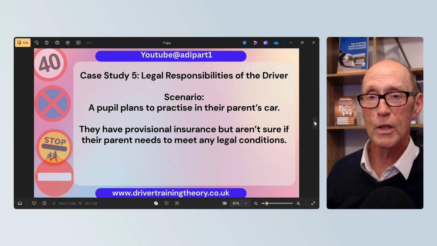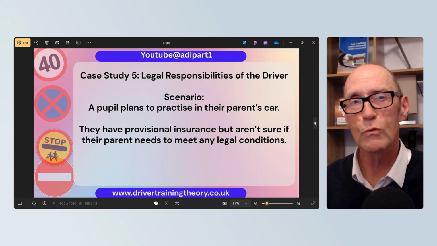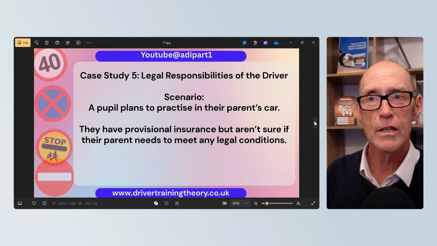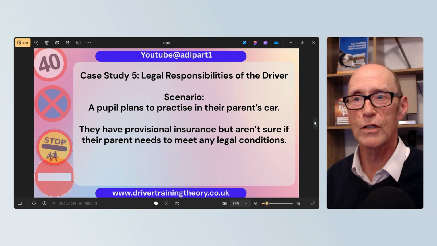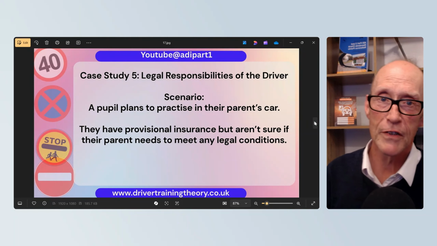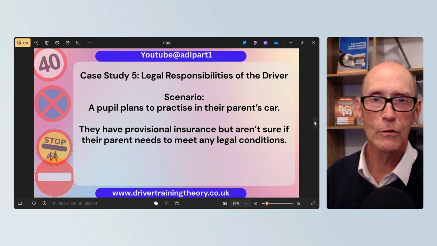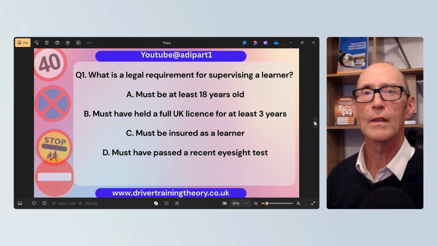So now here's one specific for the ADI Part 1. What are the legal responsibilities of a driver? So here's the scenario. A pupil plans to practice in their parents' car. They have provisional insurance, but aren't sure if their parents need to meet any legal conditions.